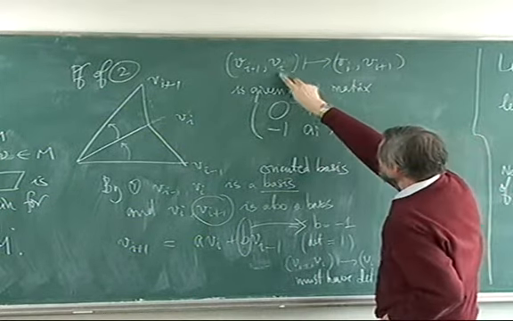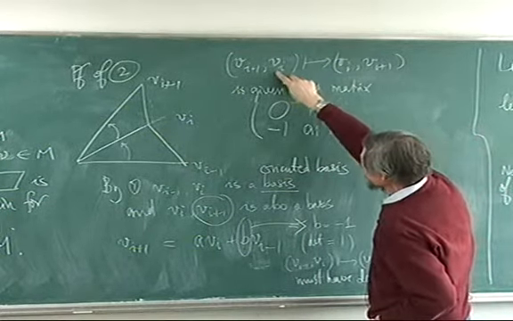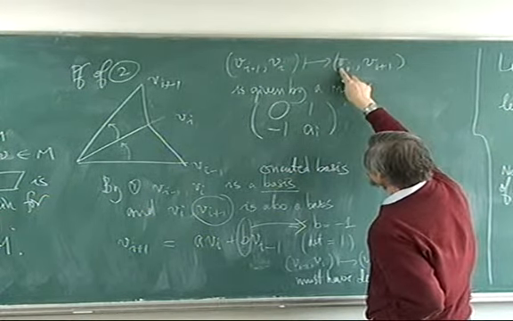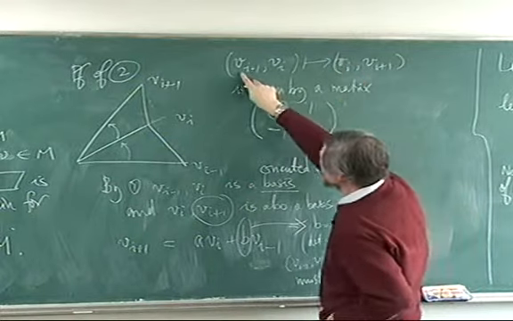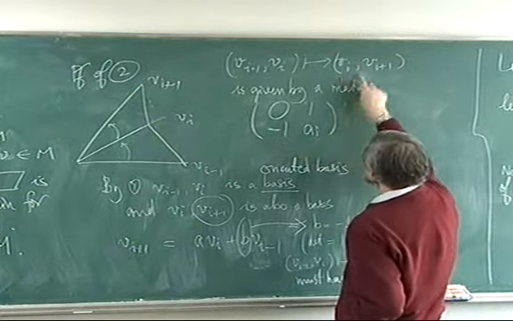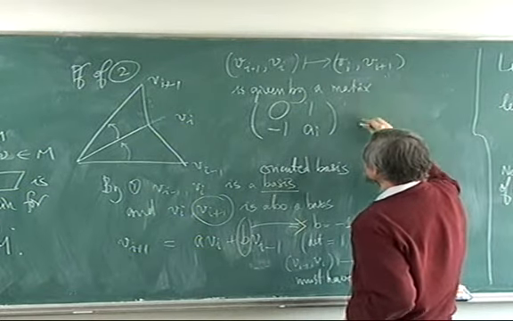This is just saying that v_i, the second entry here, is equal to the first entry here, and v_{i+1} is equal to this combination of these two vectors. Right.